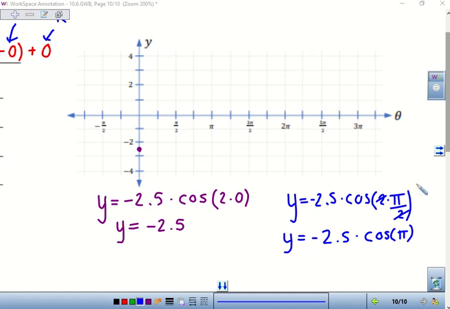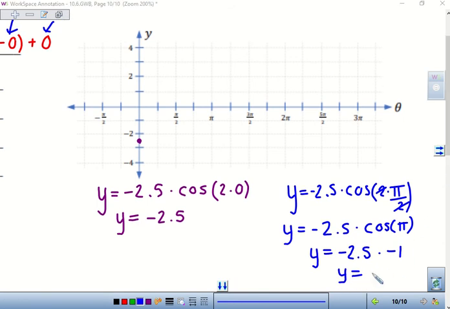Anyone know? I'll check. I just want to double check my work. Cosine of pi is negative 1. Yeah, negative 1. So this is going to be a negative 2.5 times negative 1, which comes out to be what? Good. So this here is at 2.5.